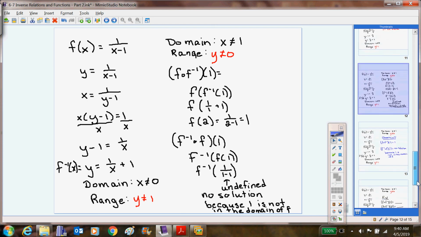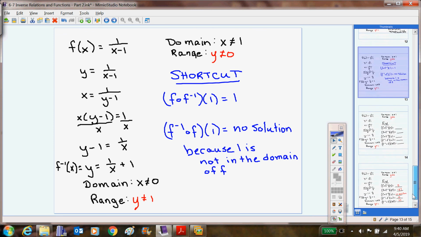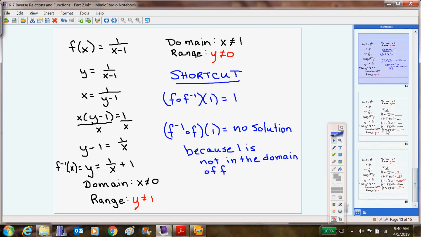As I said, our shortcut is that f of f inverse of 1 is 1, and f inverse of f of 1 is no solution because 1 is not in the domain. If you go back and check, 1 is not in the domain of the f function. And I would suggest going back and watching this a little slower.